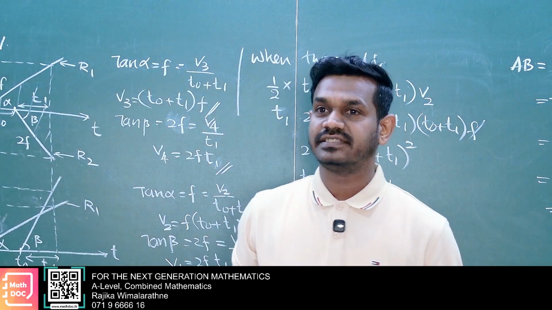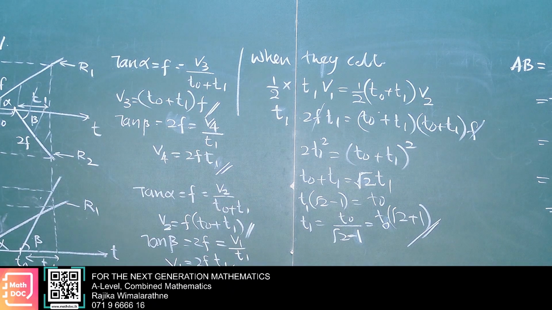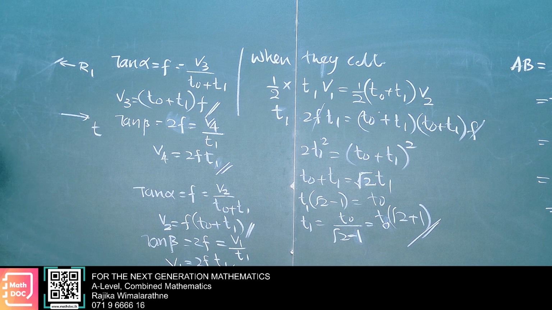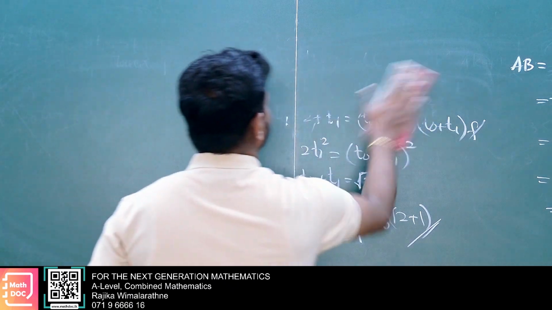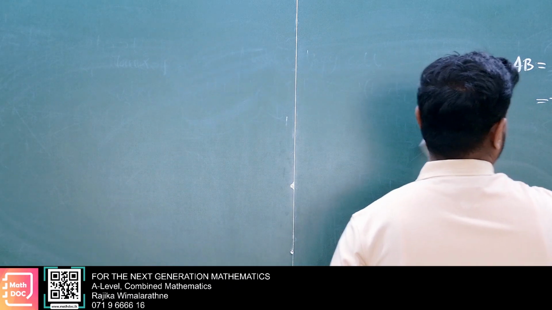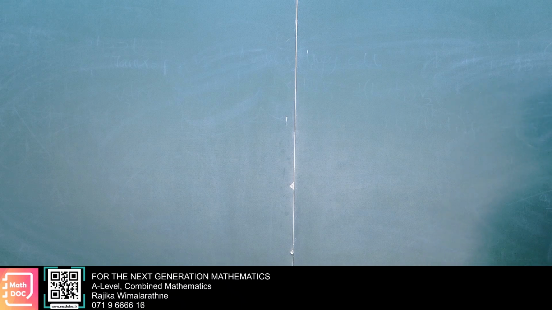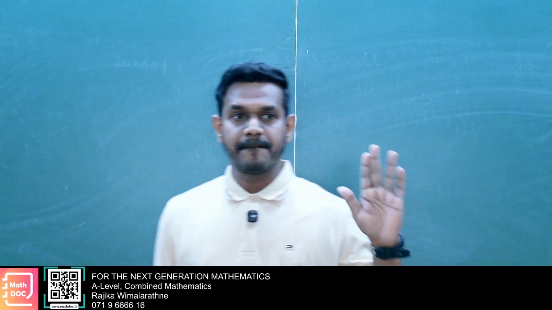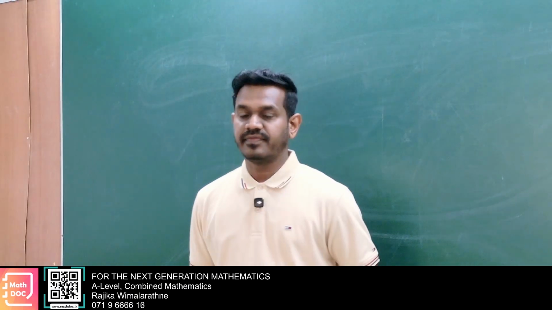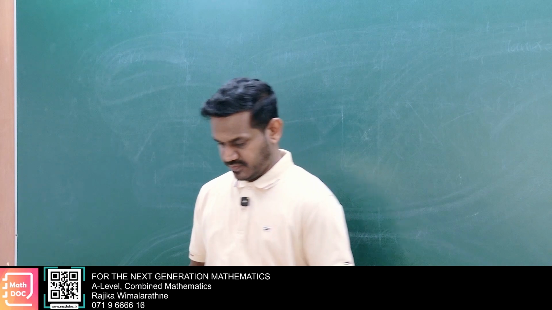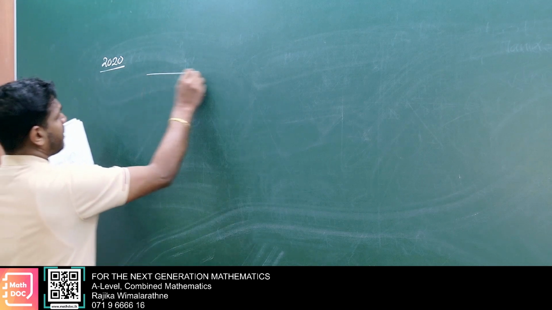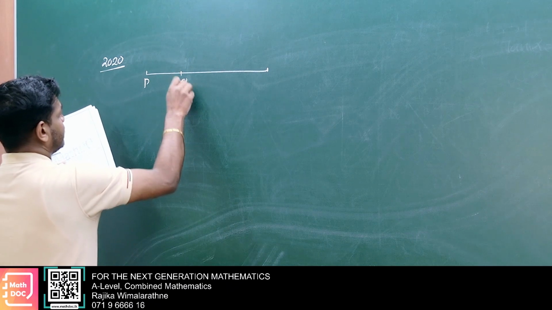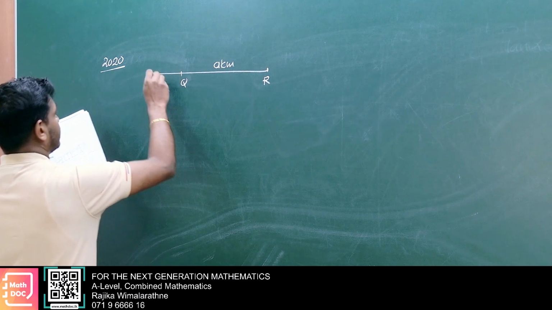Okay, start the 2020 question. Here P, Q, R are railway stations, PQ is 140 kilometers.